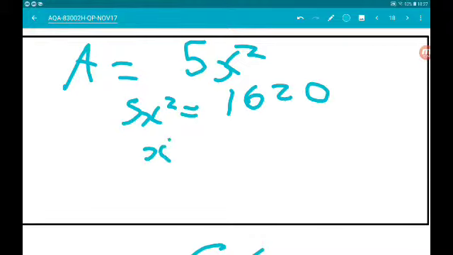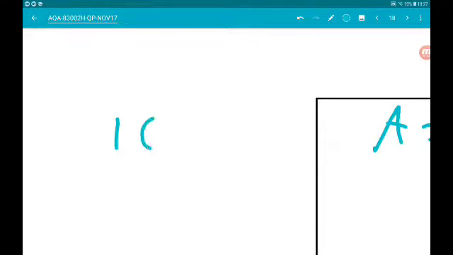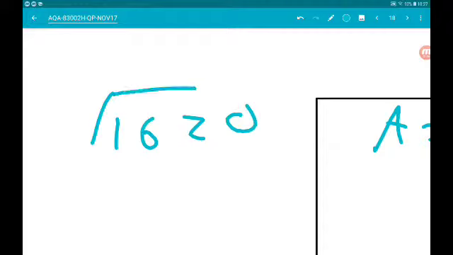So x squared is 1620 divided by 5, which is, so 5 into 16 goes 3 times, 1 remainder, twice 4.